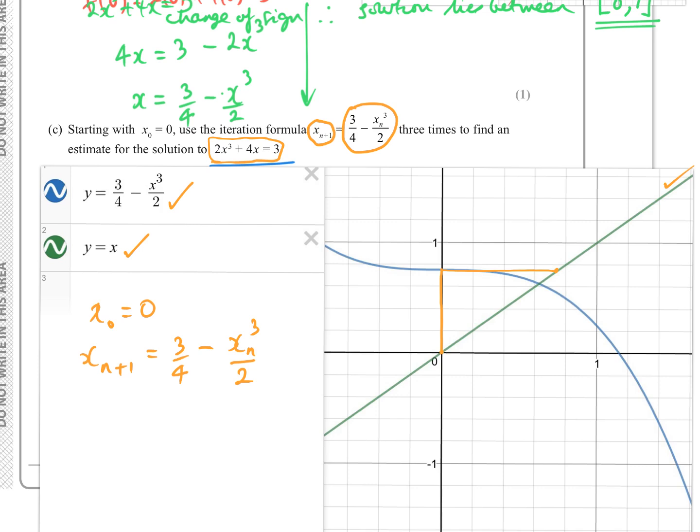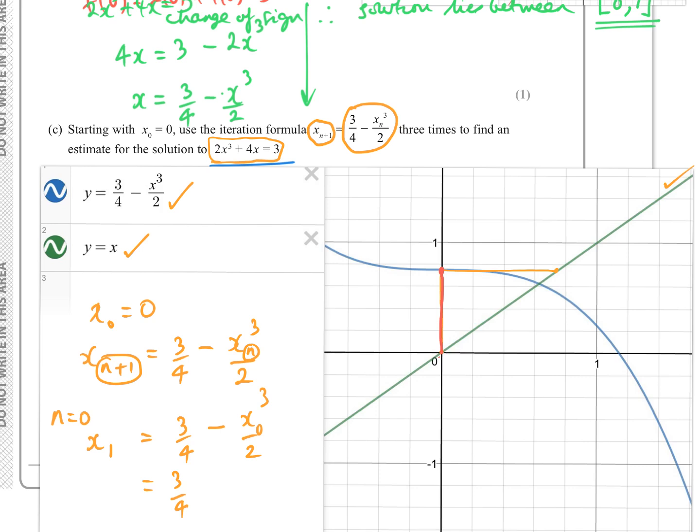So don't forget, n plus 1 is greater than n, so when n is 0, we'd have x1, i.e. our next value, would be 3/4 minus, well, x0 cubed over 2, so that would give us 3/4 on its own, 0.75. And hopefully you can see that when I put 0 in here, look, this value here is 0.75, 3/4 of the way up.